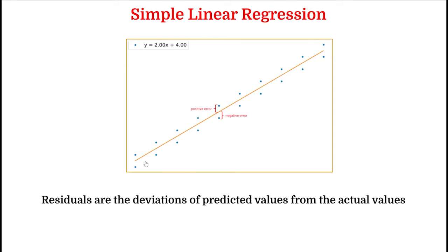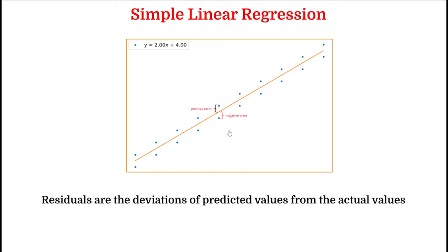We can have both positive and negative errors for all the data points, and we calculate the squares of all those errors.